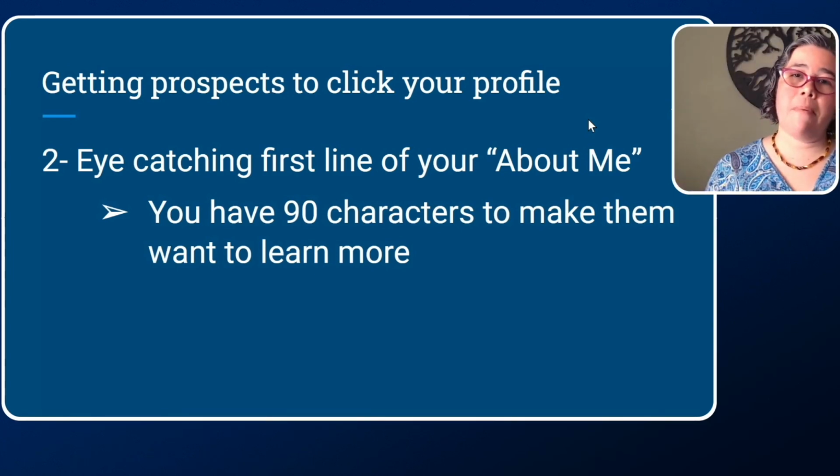But it's very important that in this first sentence of your About Me description, you're not just stating the obvious. I've seen some people start with an introduction: I am Jessica Fox, and I am a Pro Advisor. They already know that. That has no place in that description.